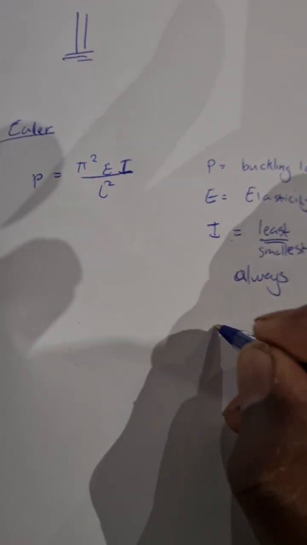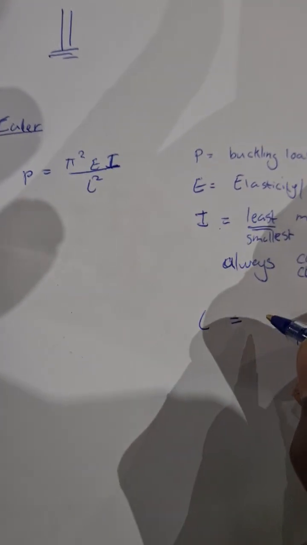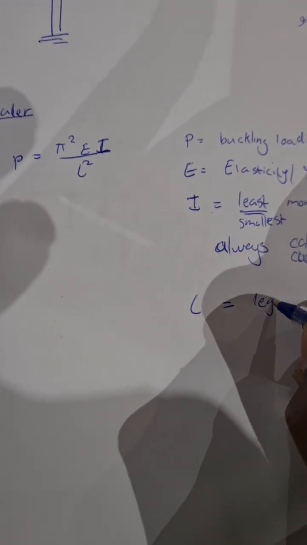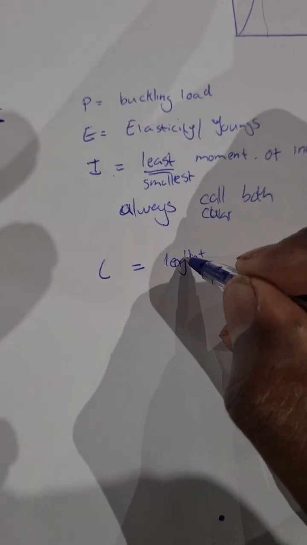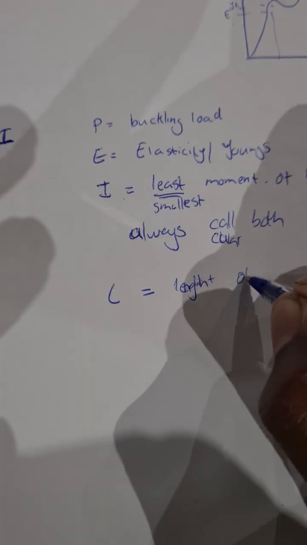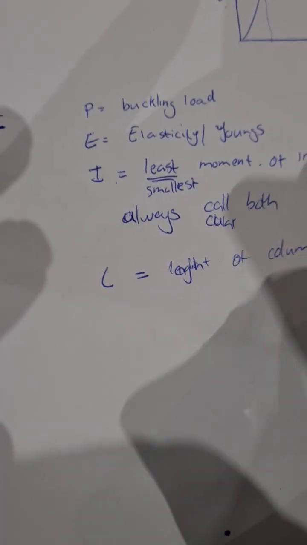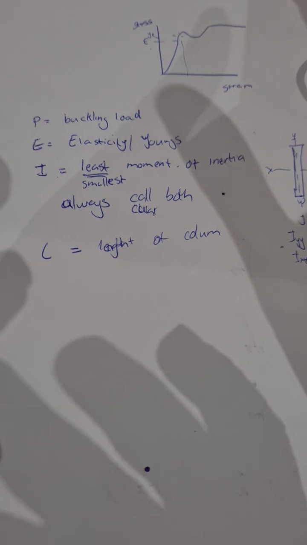Then we have L. L is just the length. Forgive me my spelling, the T is in the middle. The length of the column. So take note, the length is not a cross section.